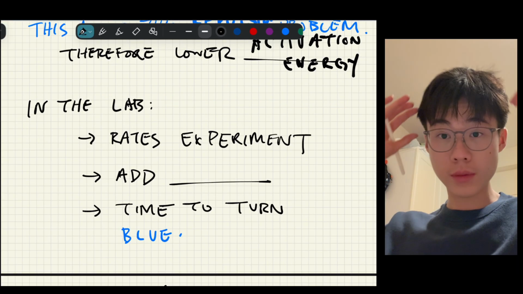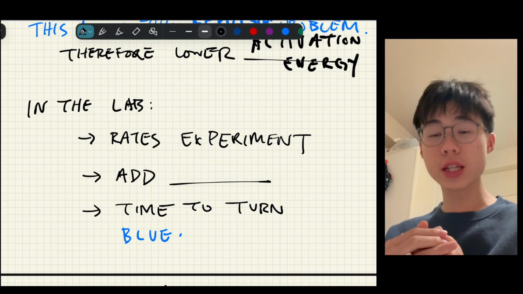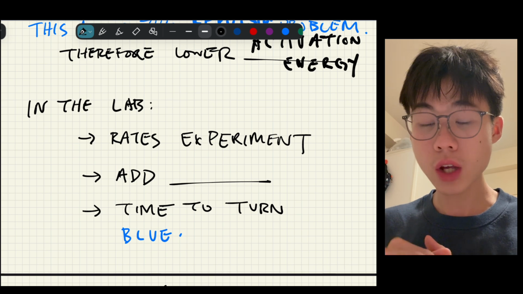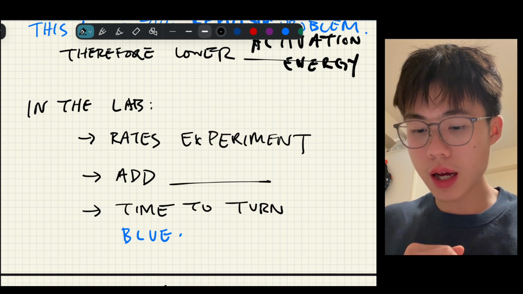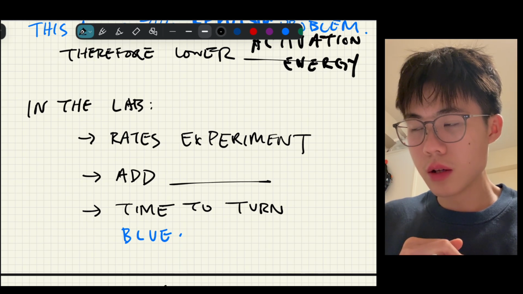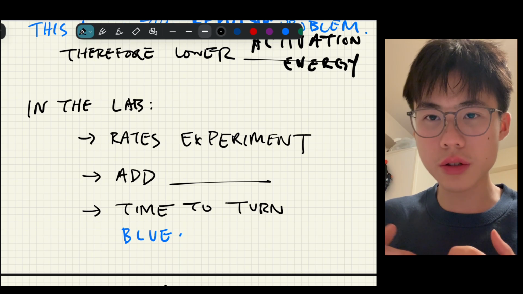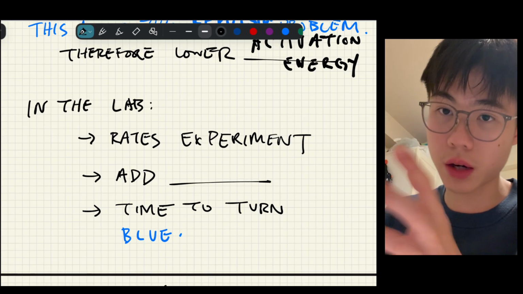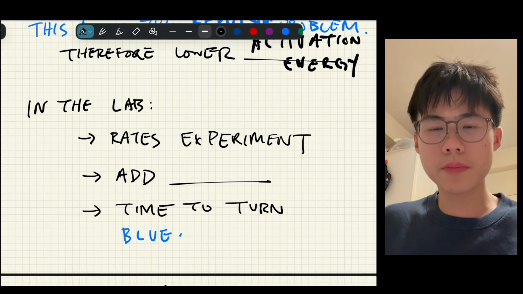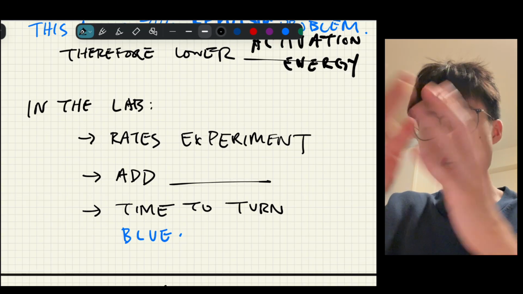So, this reaction is usually done in the lab to illustrate rates of reaction. And so then you need something to measure, because in the reaction you have the independent variable, the dependent variable, and also the controlled variables. And so, what was a dependent variable? Well, first of all, you need to measure something, but in this case, everything is just transparent.